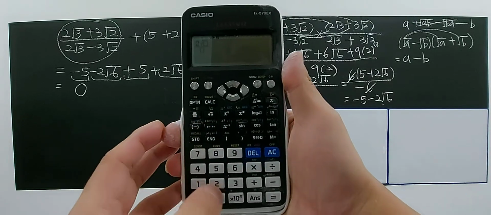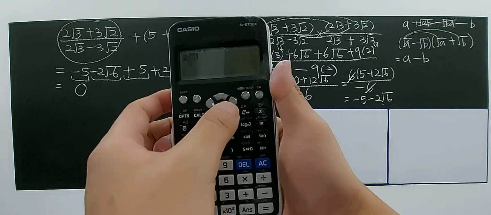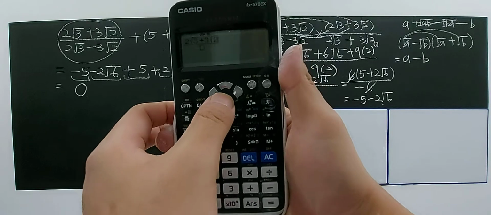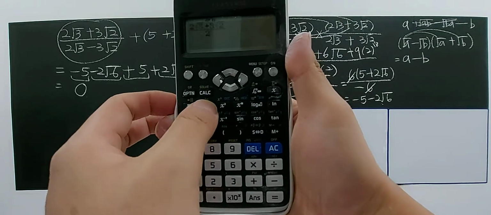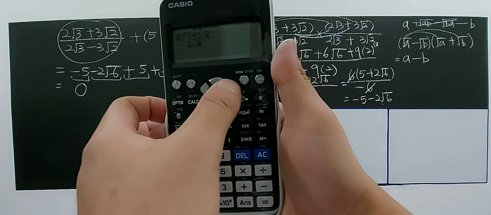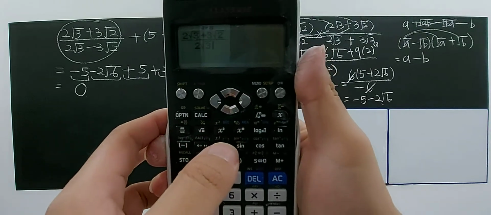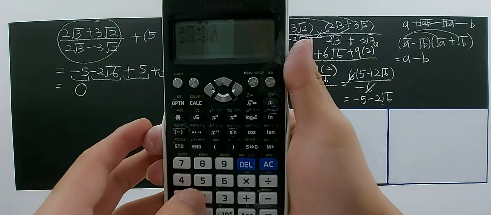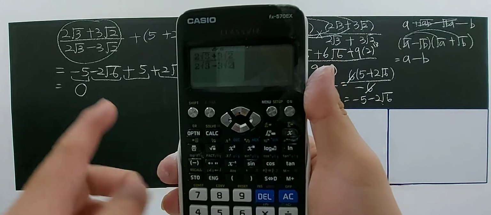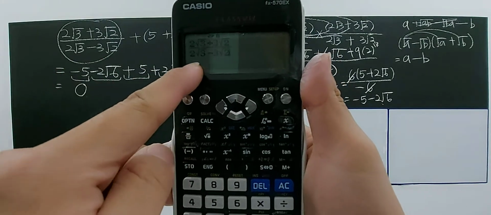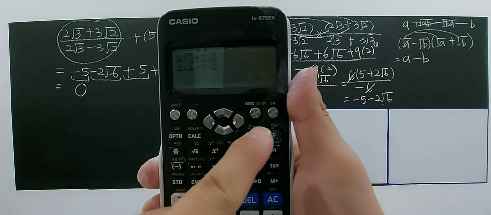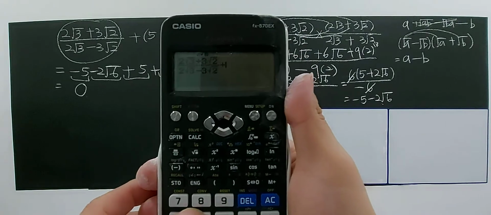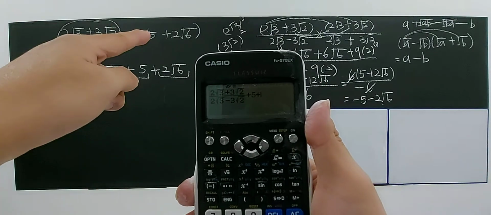So 2 square root of 3 plus 3 square root of 2, then 2 square root of 3, make use of your scientific calculator, minus 3 square root of 2. Then you add 5 plus 2 square root of 6.